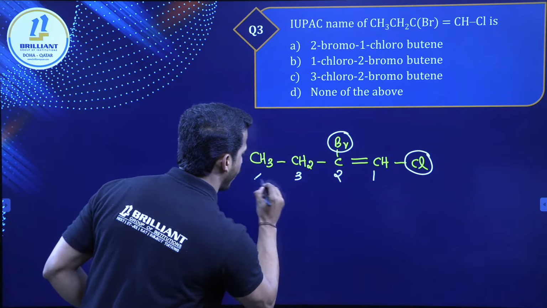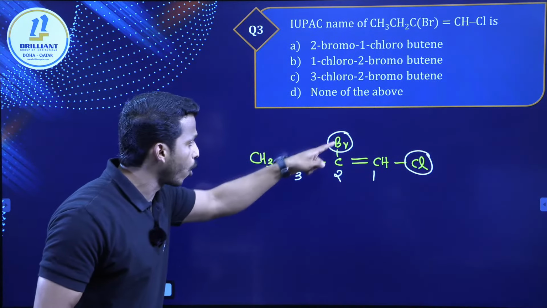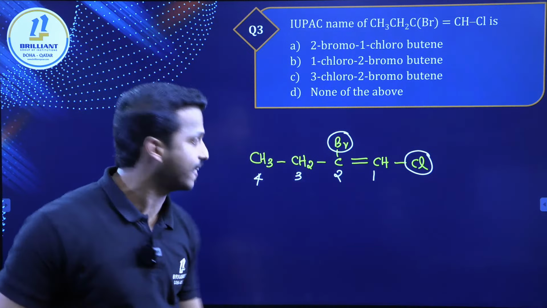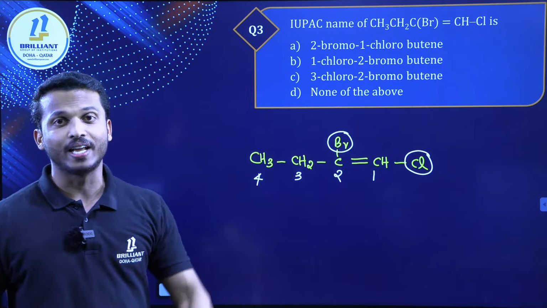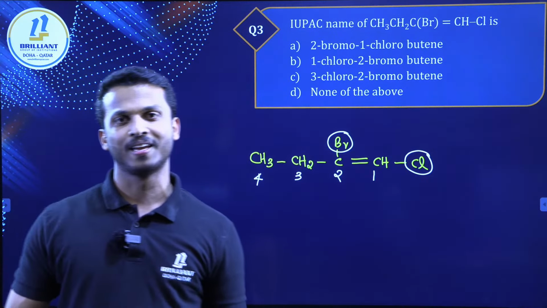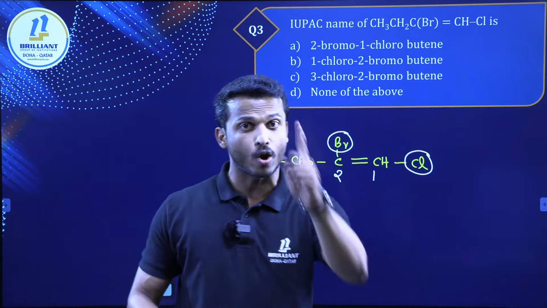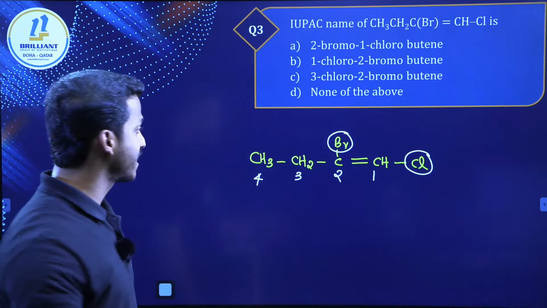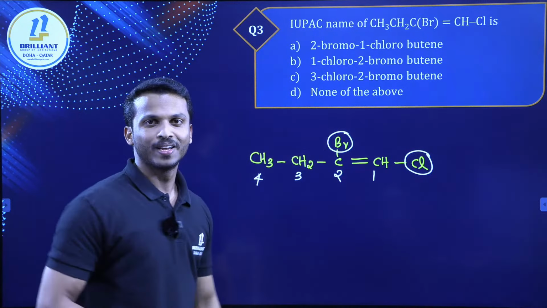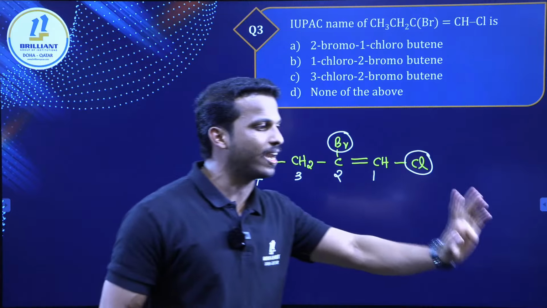1, 2, 3, 4. So the second position has bromine, the first position has chlorine, and the first position has the alkene. Bromo and chloro, if they come in alphabetical order, bromine should come first, yes or no? So what is the answer? 2-bromo, that's the only option starting that way.